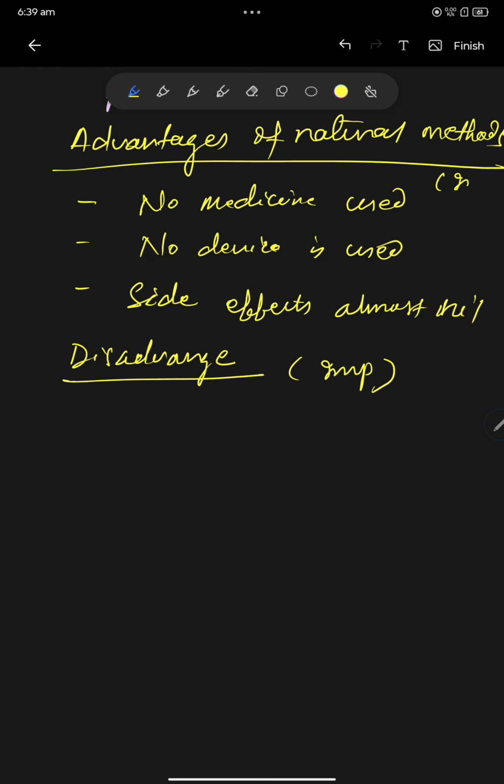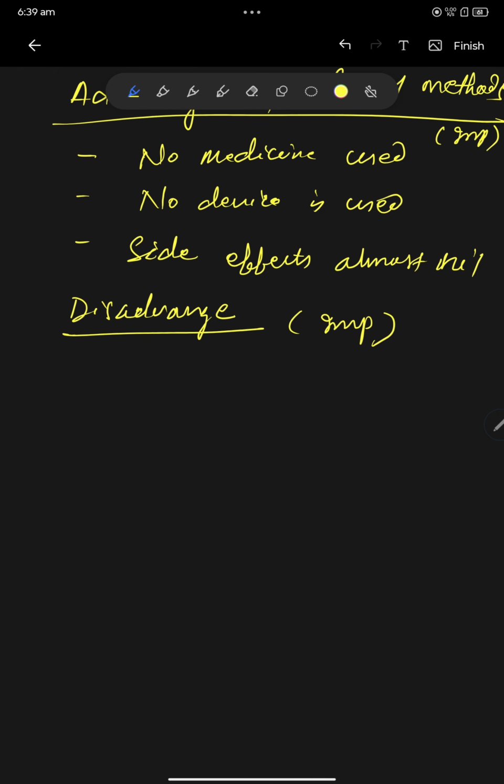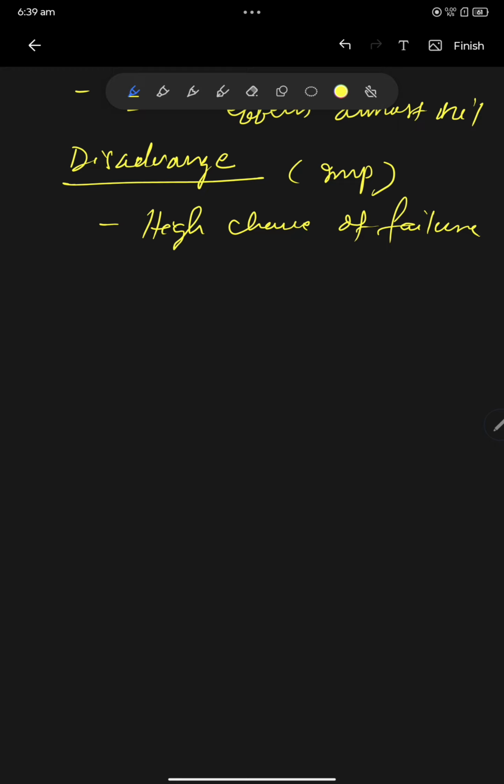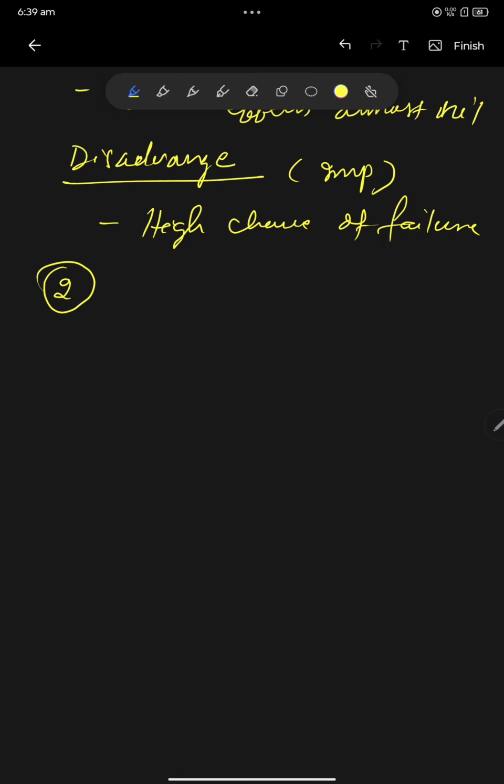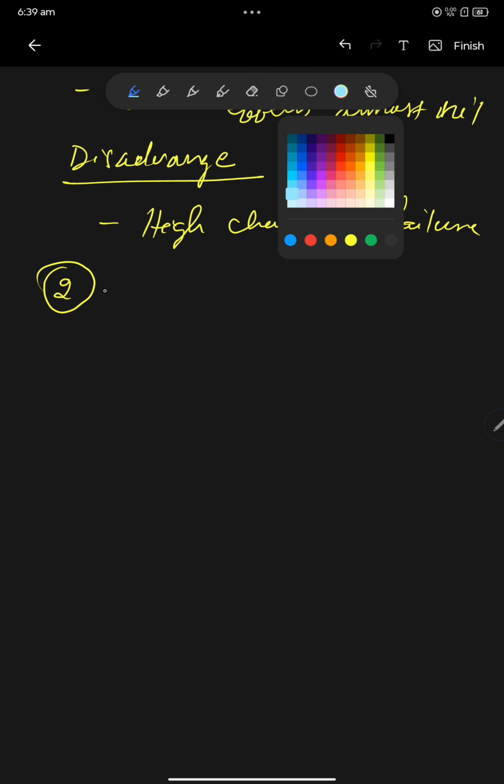These points are also important, children. Here there is a high chance of failure. So these are the natural methods. Now come to the barrier method. The second one is the barrier method.